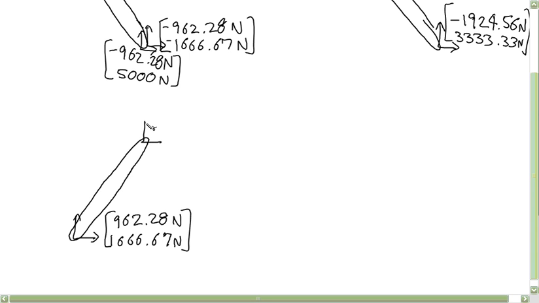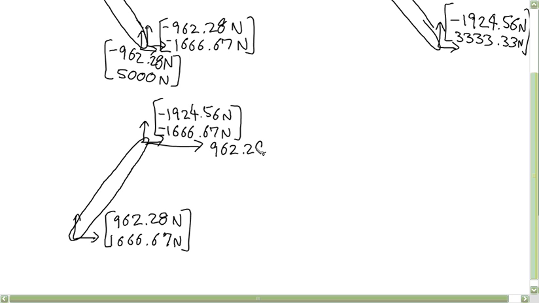And then we have up here F23, so negative 1924.56, negative 1666.67. And what else is acting on this? Yep, that tension. And that's 962.28.